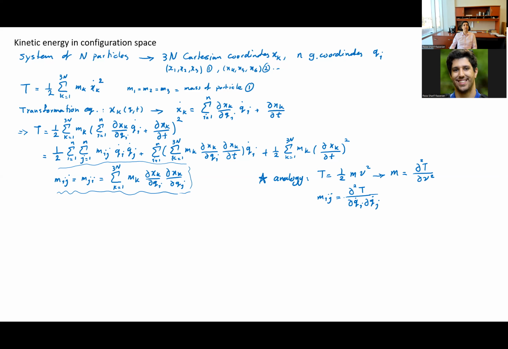So these are the effective inertias that are acting at the intersection of these two directions. And we kind of expect that Mii, which is inertia along one of these principal axes of qi, would be very similar to the mass.